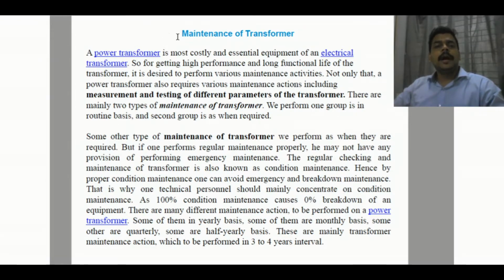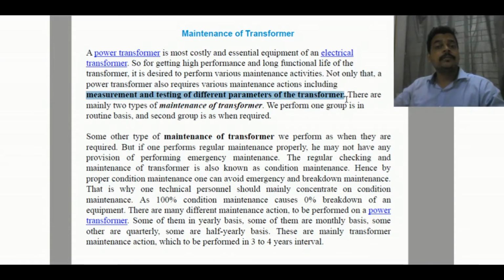For getting high performance and long functional life of the transformer, it is desired to perform various maintenance activities. A power transformer also requires various maintenance actions, such as measurement and testing of different parameters of the transformer.